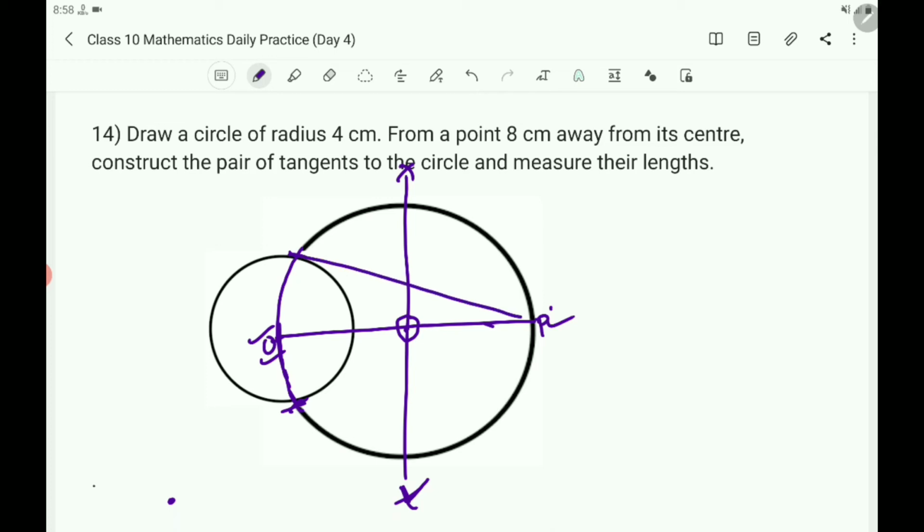Join those points of contact to P. In this way you will get the tangents, and measure the length of the tangent. Children, it is a rough sketch, not actually the construction. So you go through the video lessons of the construction and follow these steps. Use the scale, compass and pencil to draw the construction. Follow the steps correctly and do the neat construction to get the full marks.